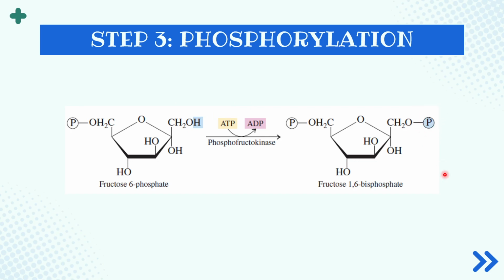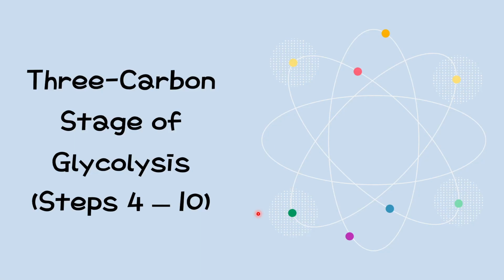And actually, the name of your structure is referring to the position of your phosphate. Diba? Fructose 1,6, first carbon, and 6th carbon, bisphosphate because there is presence of 2 phosphate groups. And the enzyme that will catalyze this reaction is your phosphofructokinase.